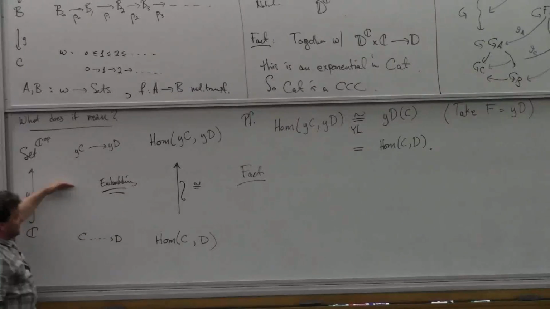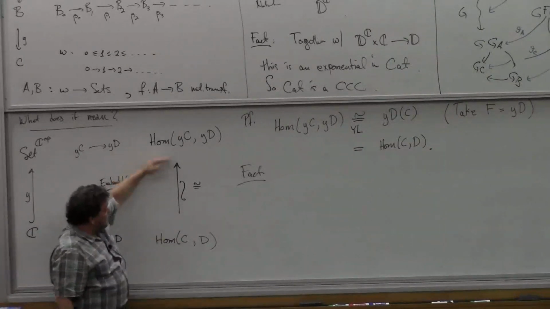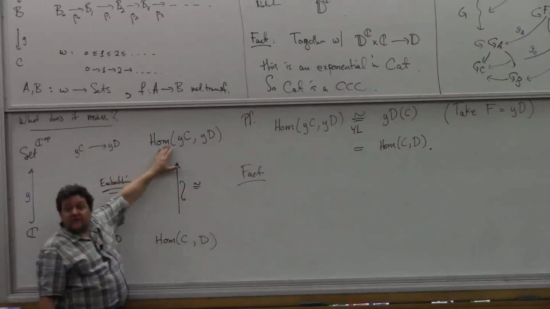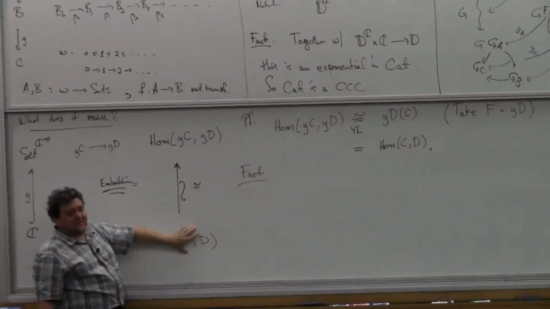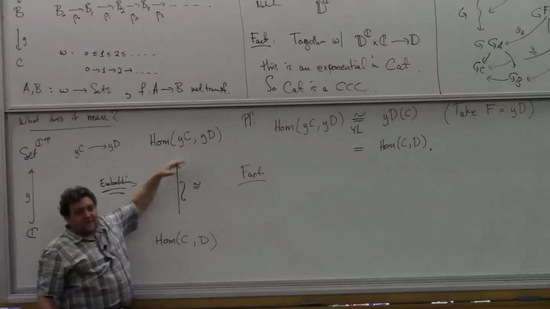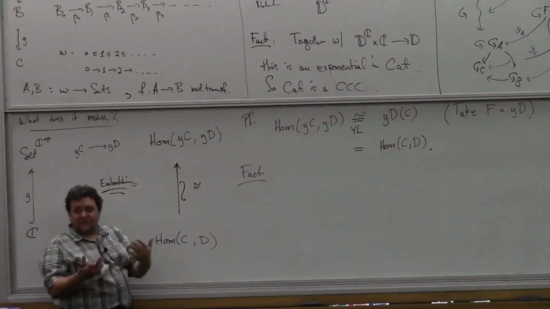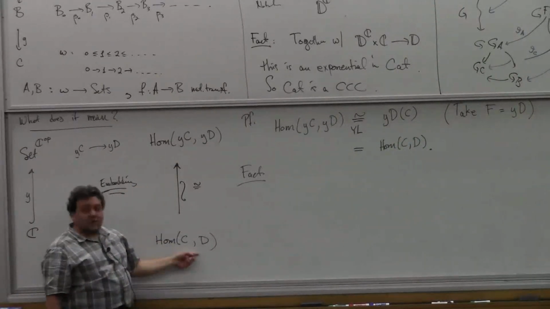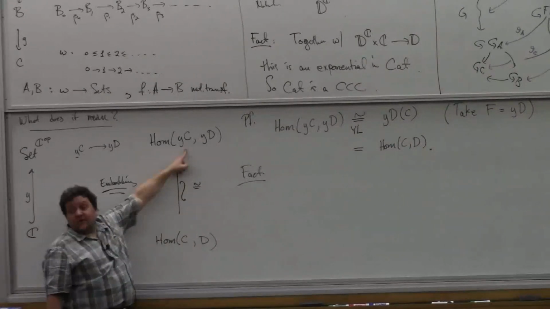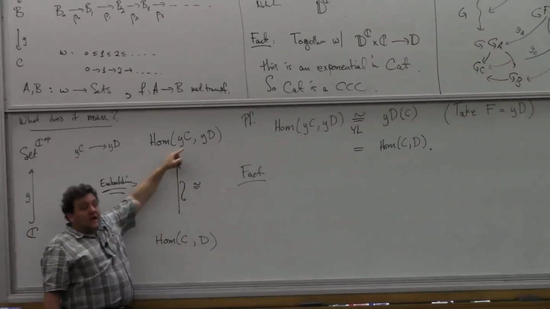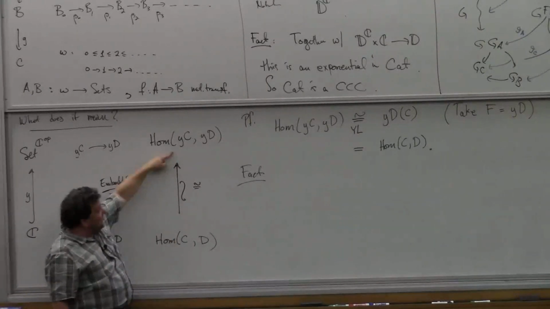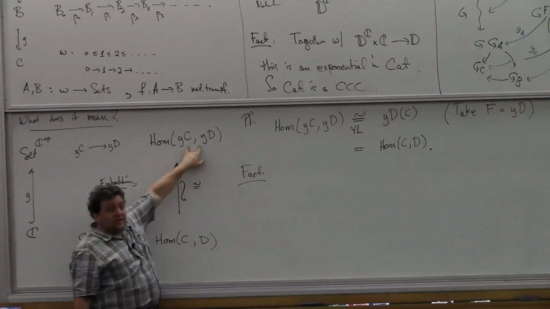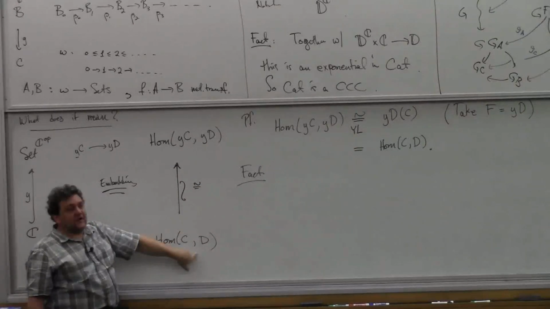Any functor like this, which has this property that it has an isomorphism on Hom sets, takes isomorphisms to isomorphisms because isomorphism is defined in terms of composition and identity. So if you have an isomorphism in this Hom set, it goes to an isomorphism up here. Conversely, if the functor itself is an isomorphism on Hom sets and you get an iso up here, well, then this was an iso down here.